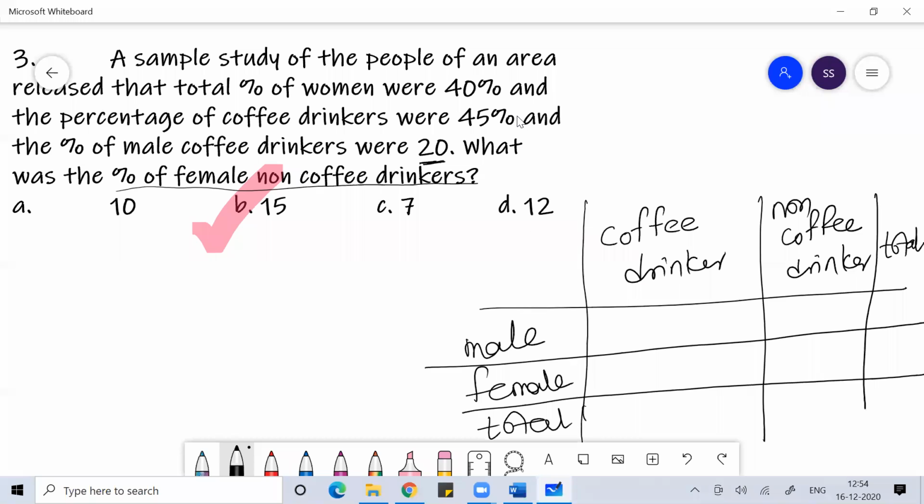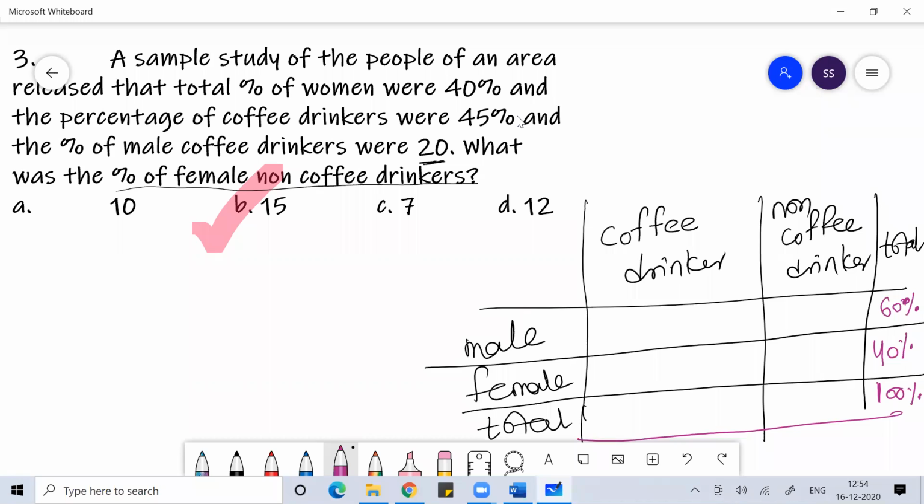Okay, everyone. So what is given here? In this problem, a sample study of the people of an area released that the total percentage of women is 40%. You know that the total percent of people is 100%. Okay, so if the total percentage of female is 40%, then the total male will be 60%.